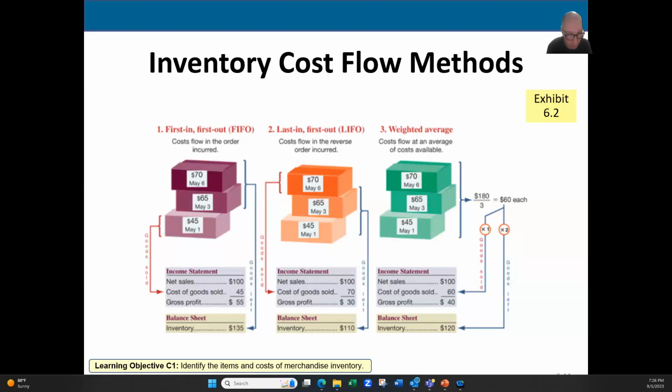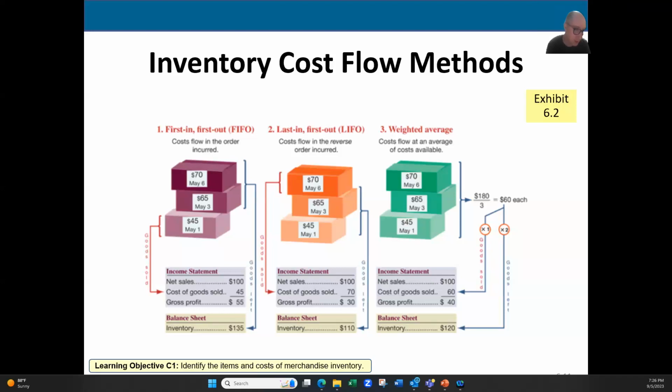The more profit you have, the more tax you will pay. The more inventory you have, the more tax you will pay. You see what I'm getting at?